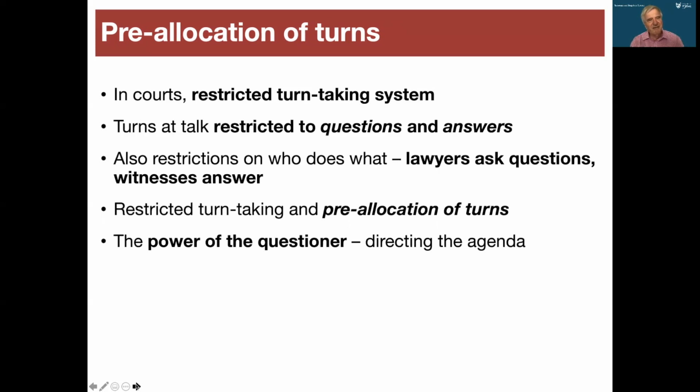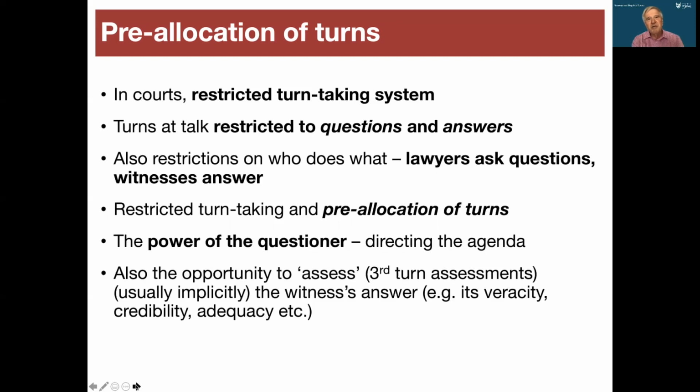You see politicians working to find a way of regaining control over the agenda. That's another area well worth exploring.